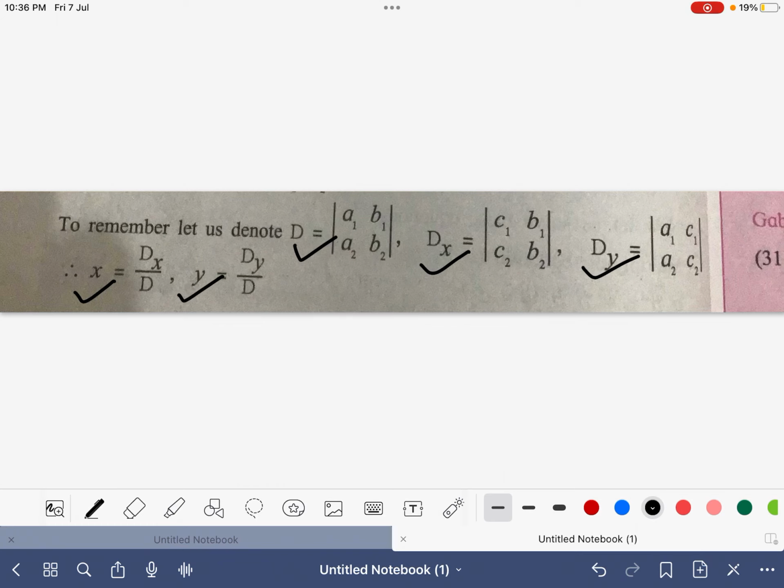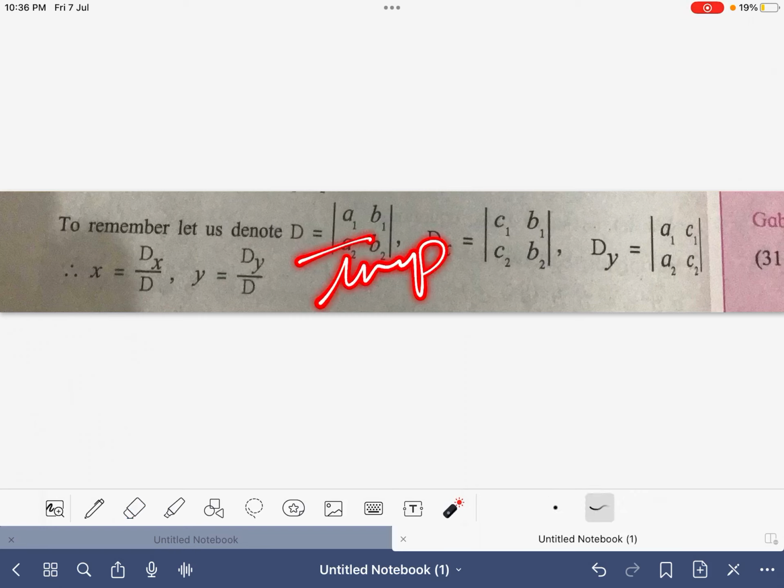Whenever we are solving an example, we are using these total five formulas to find the value of x and y. So that's why in this whole topic, these examples are very important. Keep in mind, always when we solve simultaneous equations by Cramer's rule, we use these formulas.